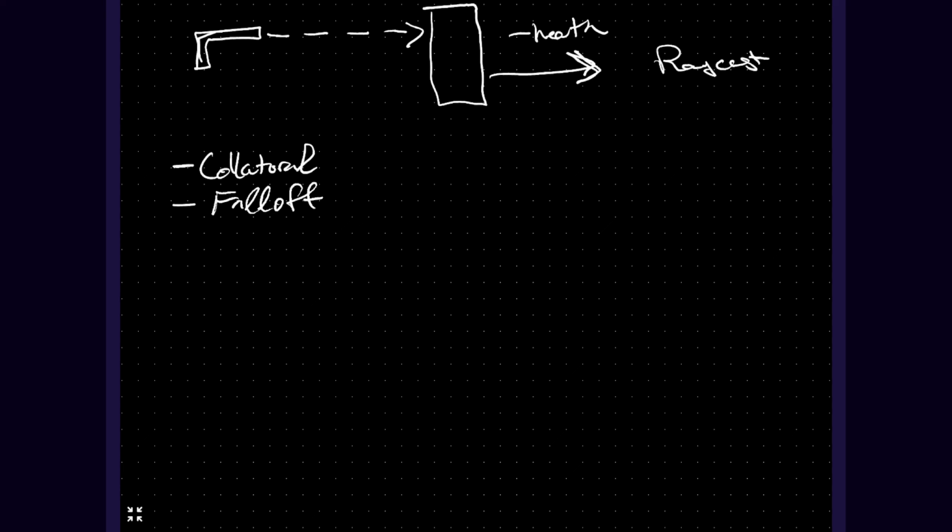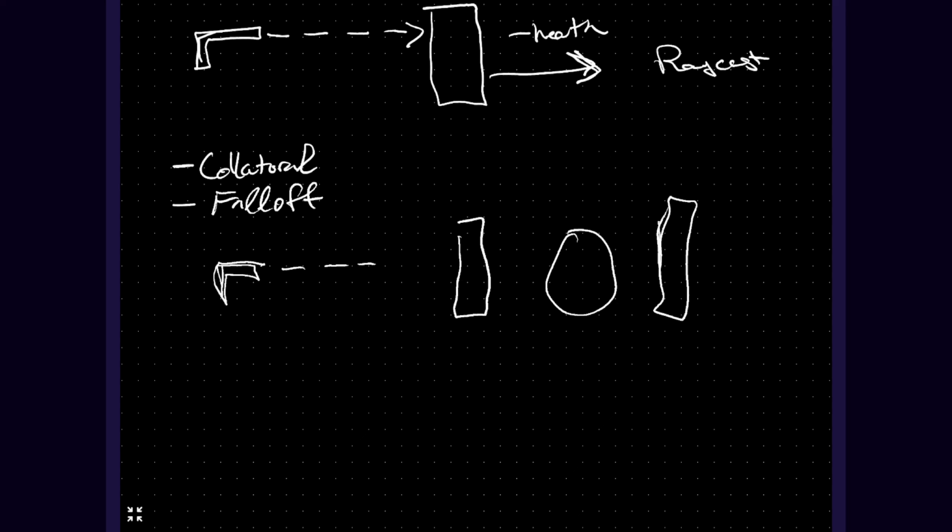With collateral, say we have a gun again, and it is shooting, and we have multiple players or even just multiple objects in the way. This will shoot through all of the objects, and maybe it only gets to the third object before stopping. So by collateral I mean shooting through many objects with just one bullet.